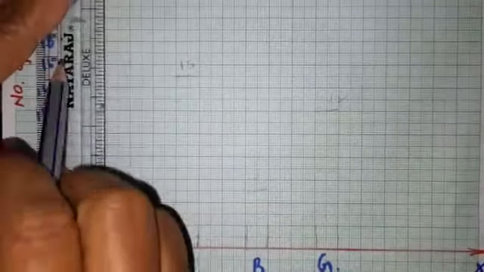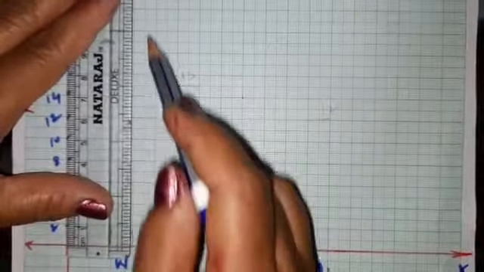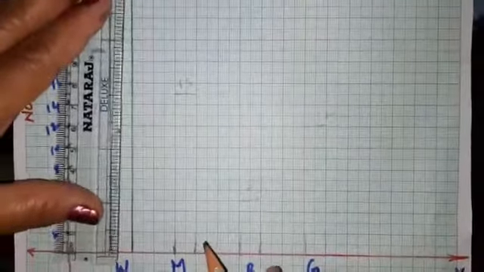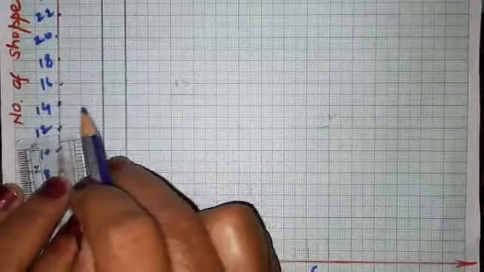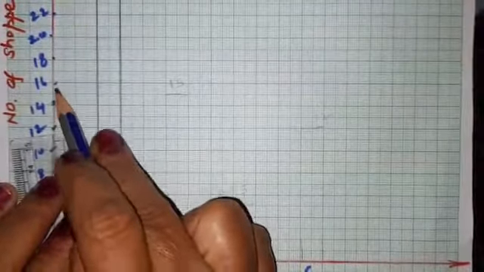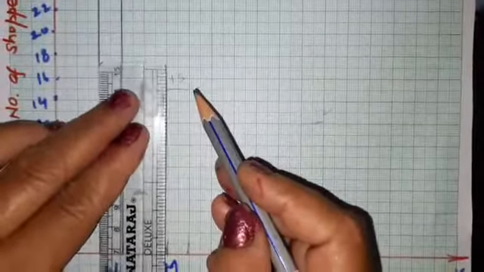Draw the first bar for W, that is 28. Then the second one for M, it is 15. So put the line for M at 15, between 14 and 16, and draw the bar.